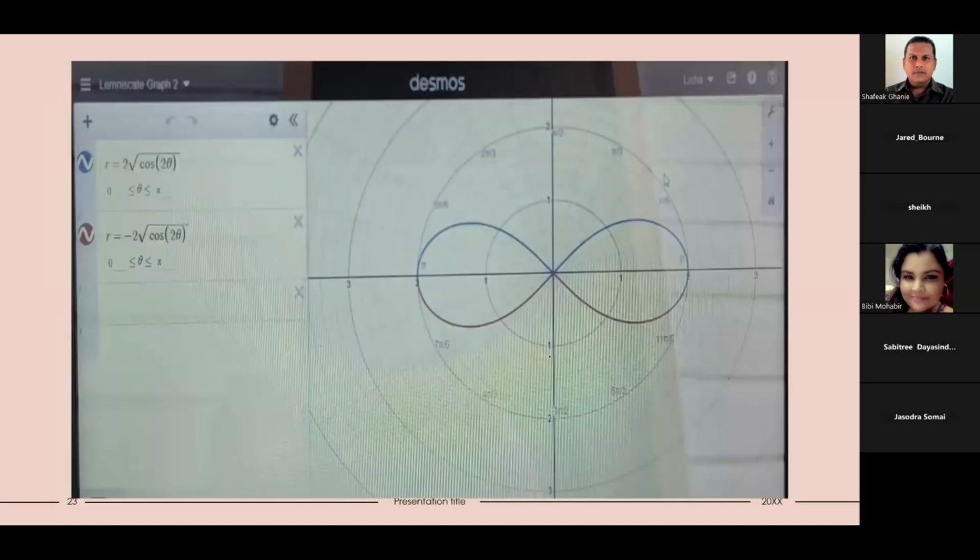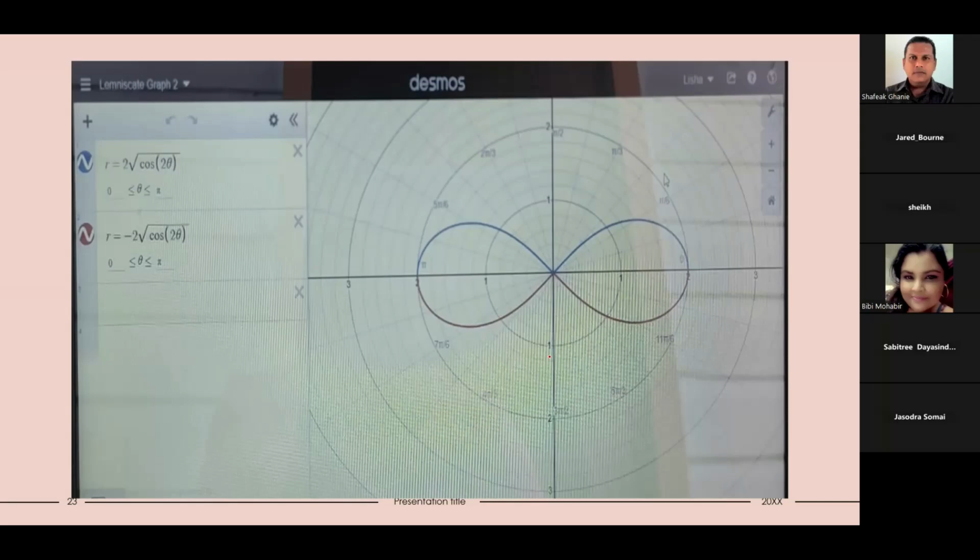And when we put it in Desmos, this is what you will have. As you notice in this one, the figure, the lemniscate, is in the horizontal plane, which is the x-axis plane. Like I've pointed out earlier, this is when the r squared is a cos 2 theta, all positive.